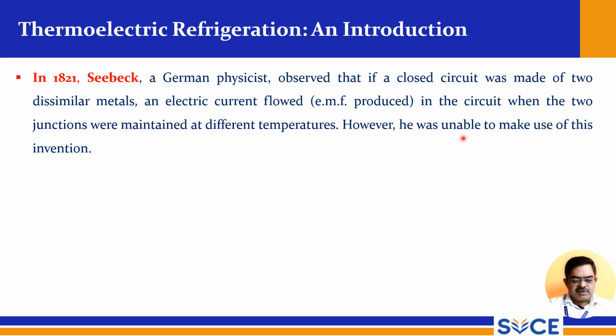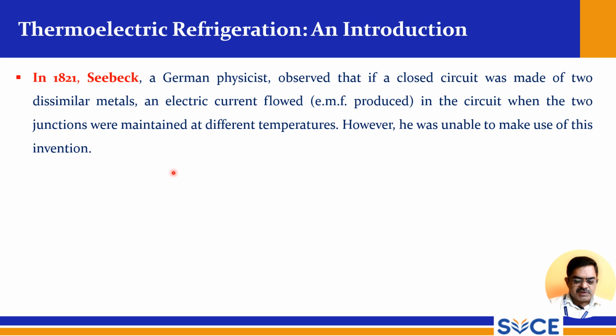However, he was unable to make use of this invention. He found that when a current flows through two junctions maintained at two different temperatures, one junction is a cold junction and the other is a hot junction. This was the concept arrived from Seebeck.